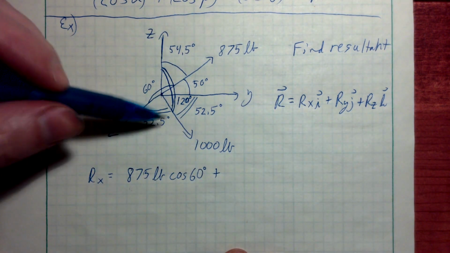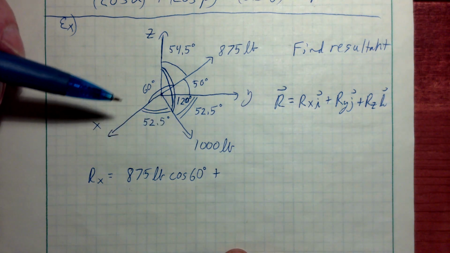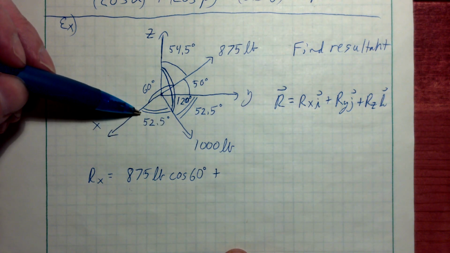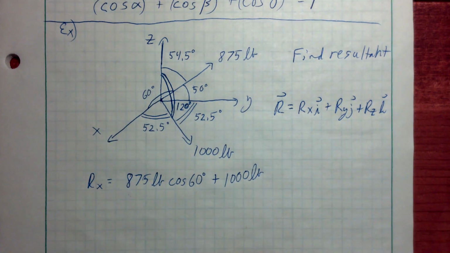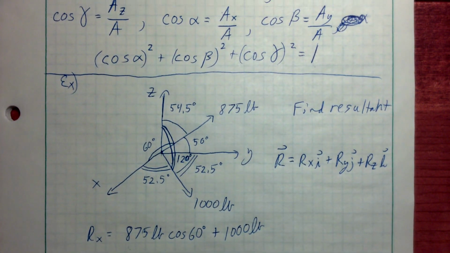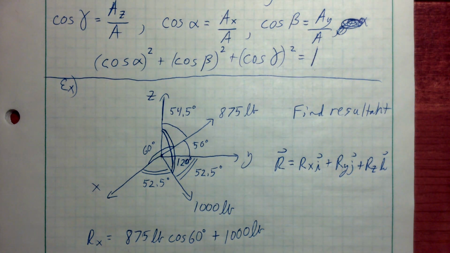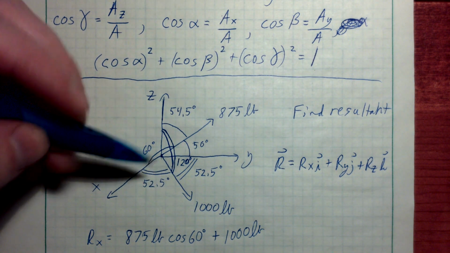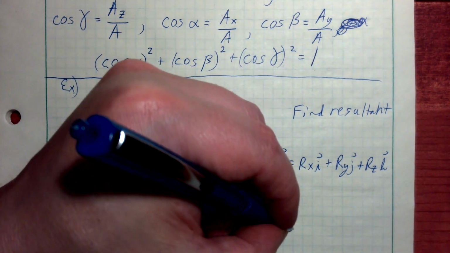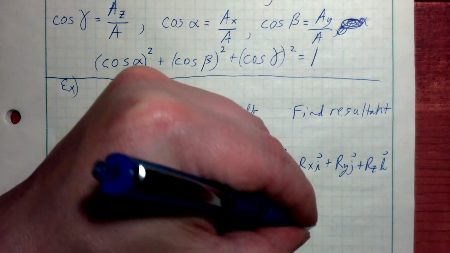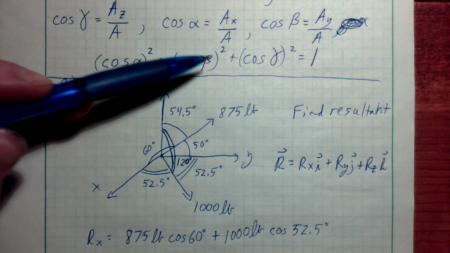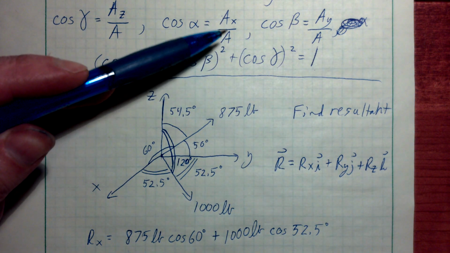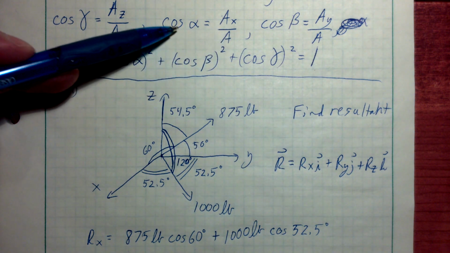And if I add to that the x component of the 1,000 pound force, right? Well, it's going to be its magnitude, 1,000 pounds, and then I'm going to multiply it by the alpha angle, the cosine of the 52.5 degree angle. And again, I'm finding the x component based on multiplying the length by the cosine of alpha.